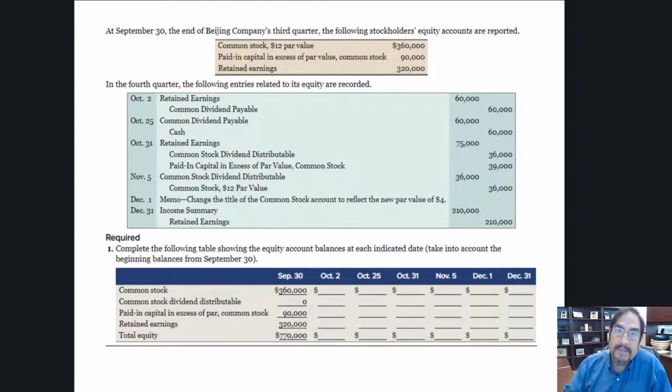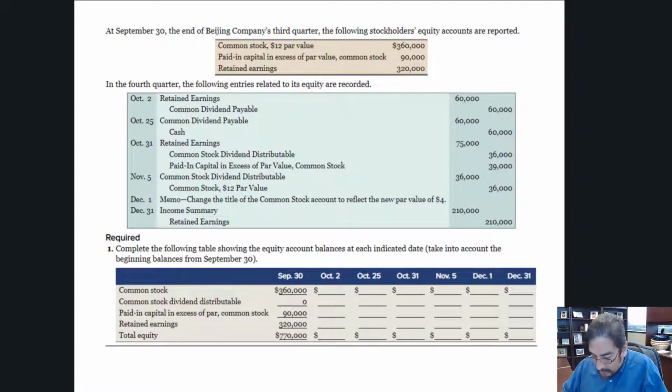So we closed out the income statement at the end of the year. So what it's asking us to do is to fill in the account balances of the equity section at the different time periods in the fourth quarter.